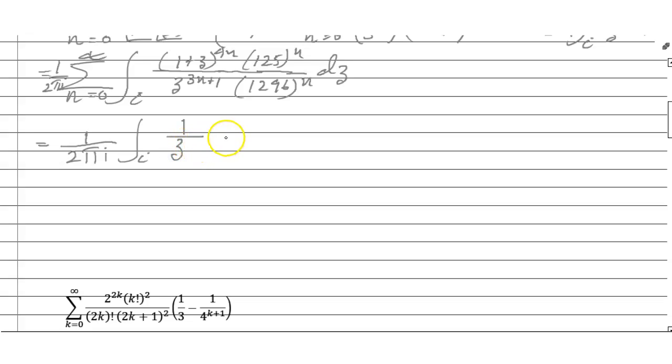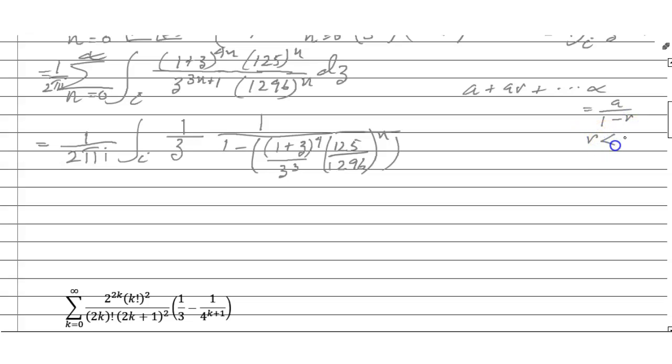It can be written this way: 1 by z, 1 minus (1 plus z) to the power 4 divided by z cubed, times (125 divided by 1296) whole to the power n, because a plus ar plus up to infinity equals a divided by 1 minus r, where r is less than 1.